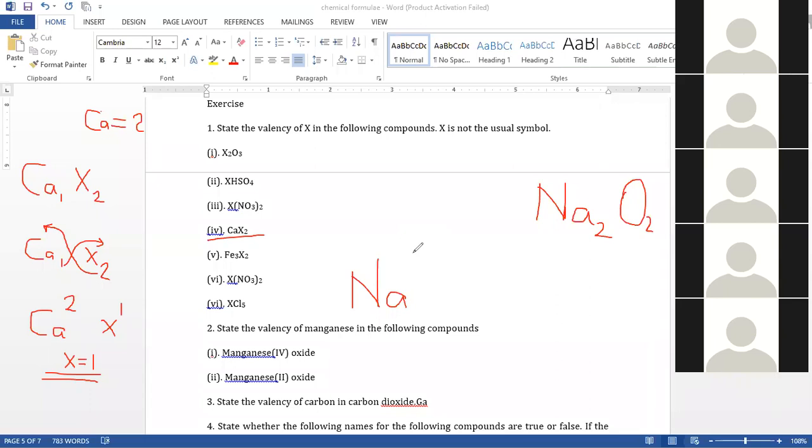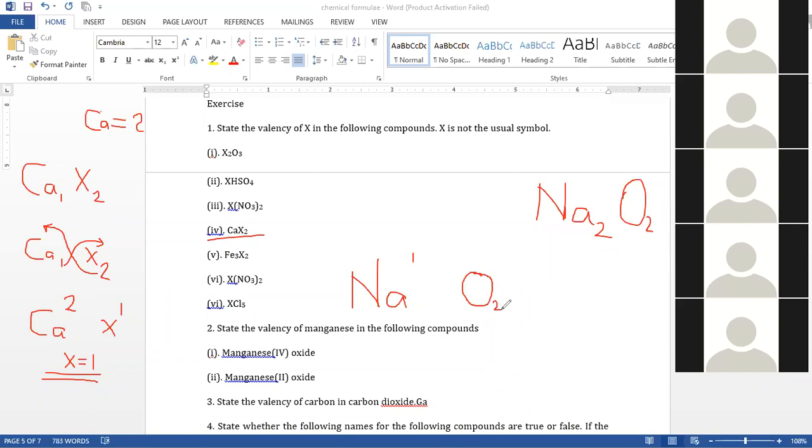1. Sodium is 1. Now the peroxide: a peroxide itself is written as O2. O2 is the formula of a peroxide, meaning that the 2 is already part of the peroxide, so we don't just play with it.